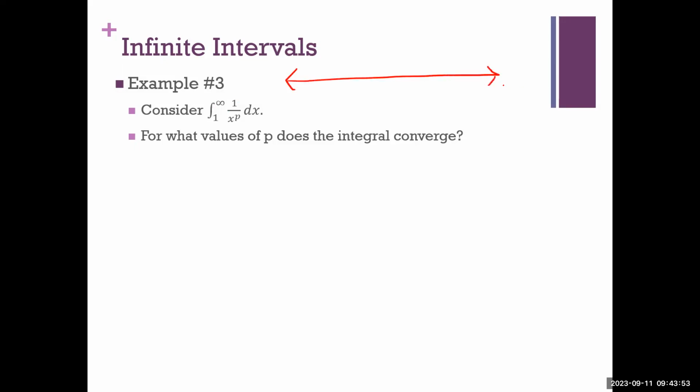If I make a one-dimensional scale for p, we know that at 2 it converged, and at 1 it didn't. So it converges at 2. It does not converge at 1.